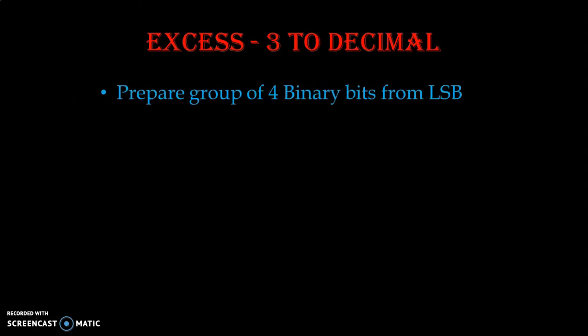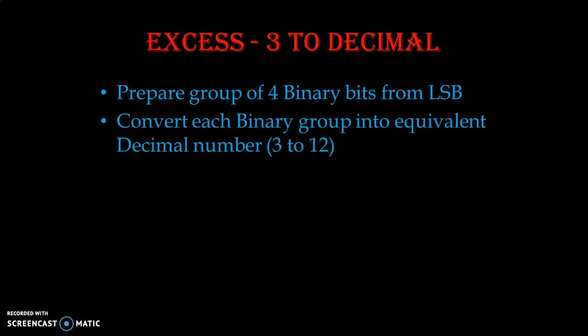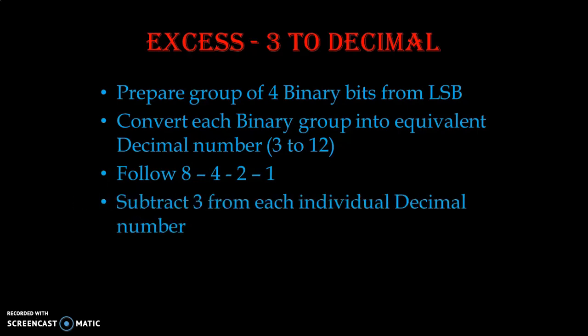Now if an excess 3 code is given, it can also be converted into a decimal number. So we have to follow certain steps. Prepare groups of 4 binary bits starting from the least significant side. Convert each binary group into an equivalent decimal number. That decimal number can be between 3 and 12. Obviously we have to follow the 8421 system.